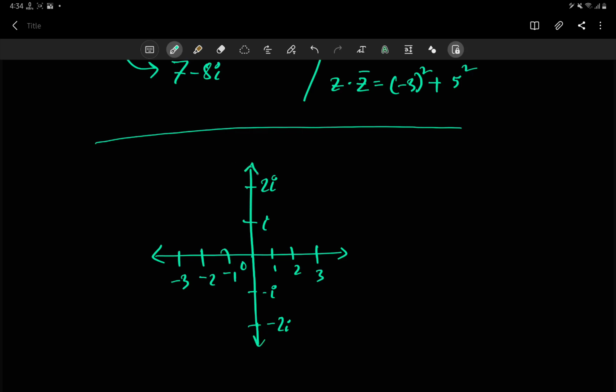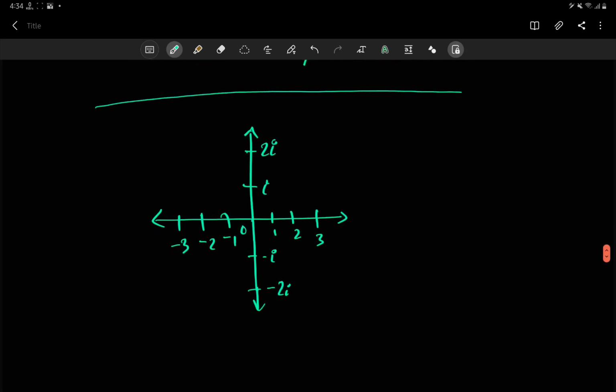So we have arrowheads here. Okay, now we have seen that actually we can represent any value. For example, this point can be written as 3 + i, right?